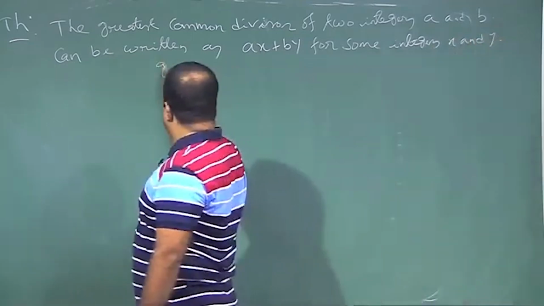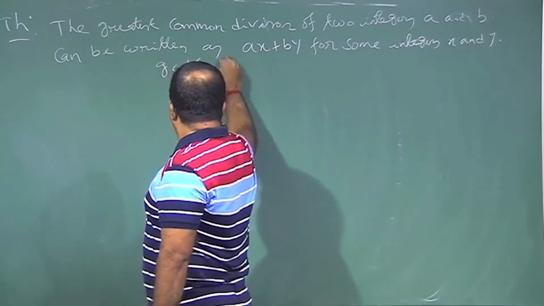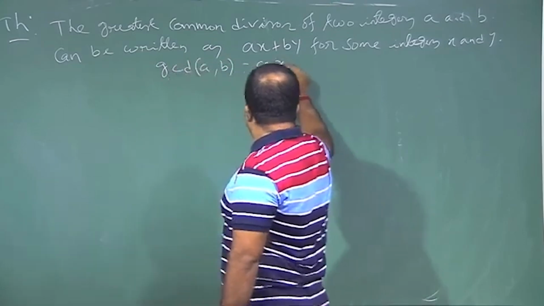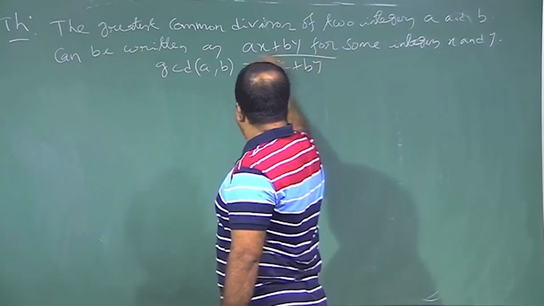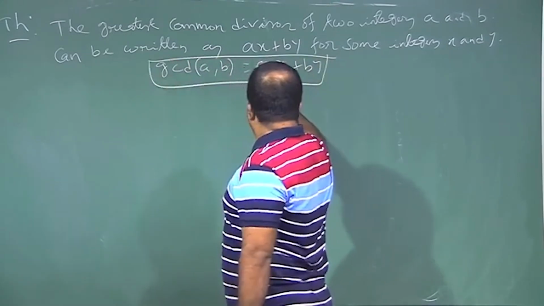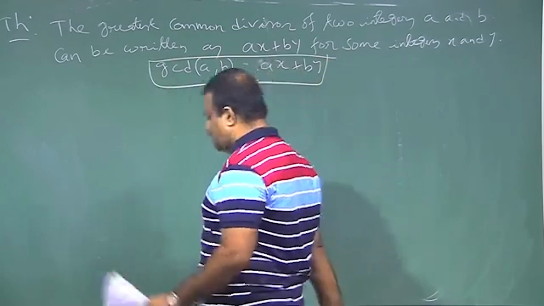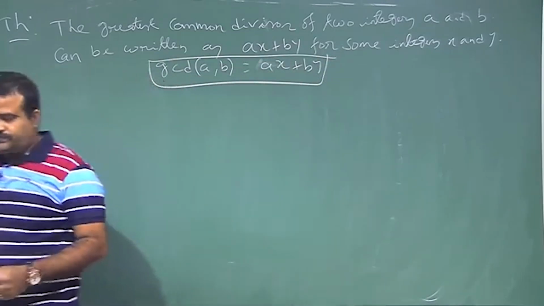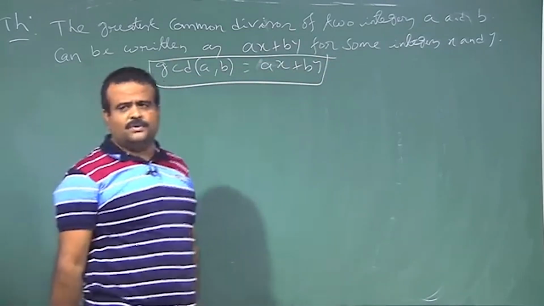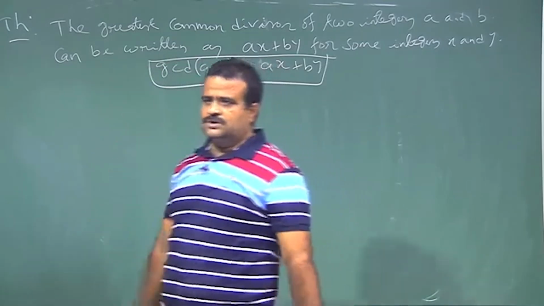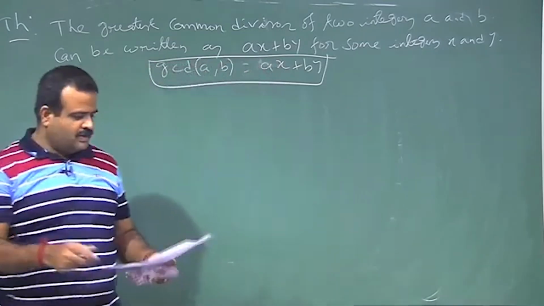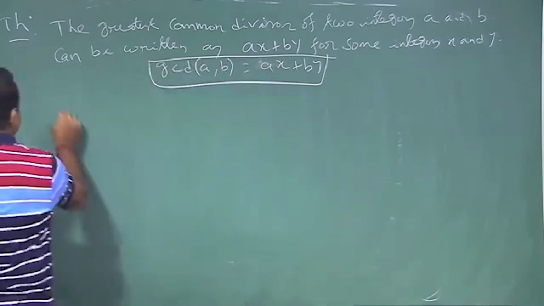That means the GCD of a and b should be written as ax plus by for some x and y. This is the theorem, and we have to prove it. This proof comes from the Euclid algorithm, the sequence of the remainders. So, how to prove this?